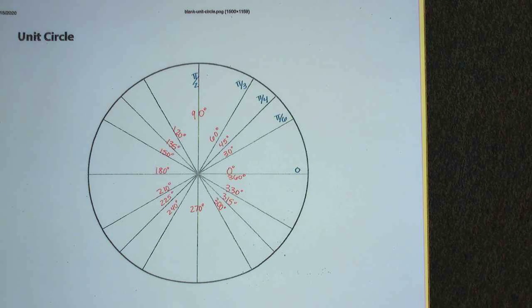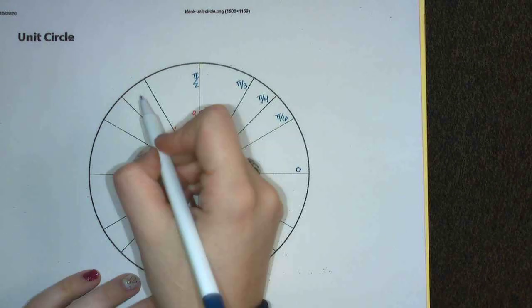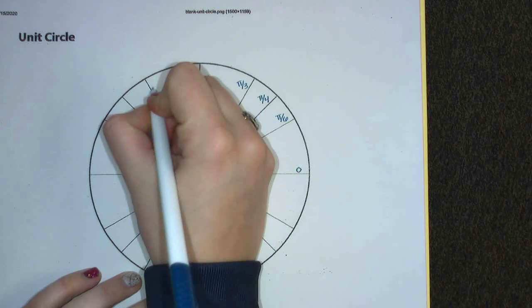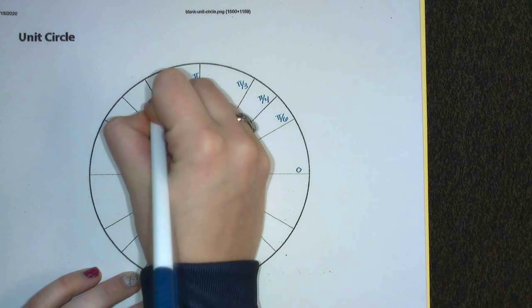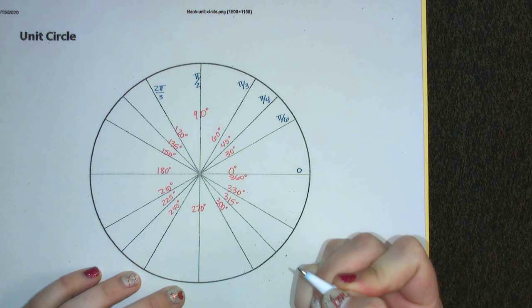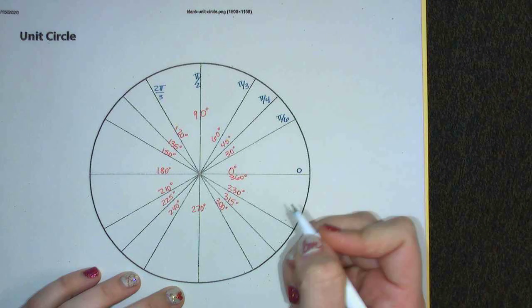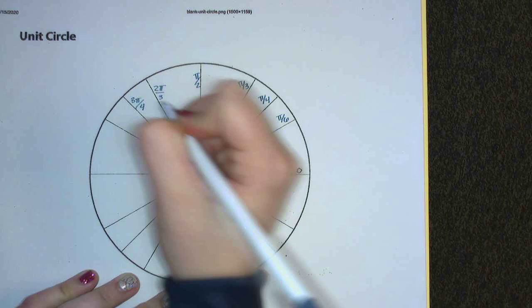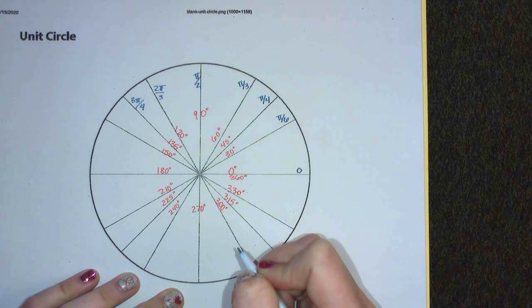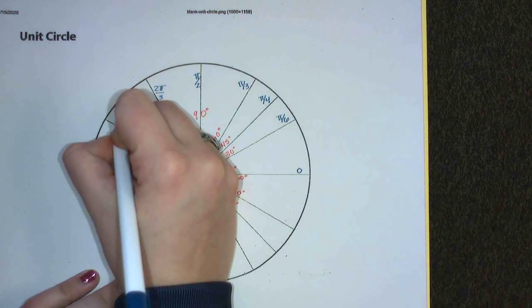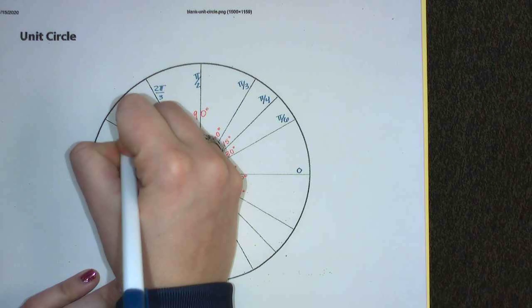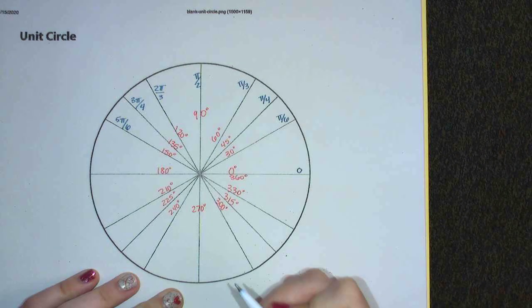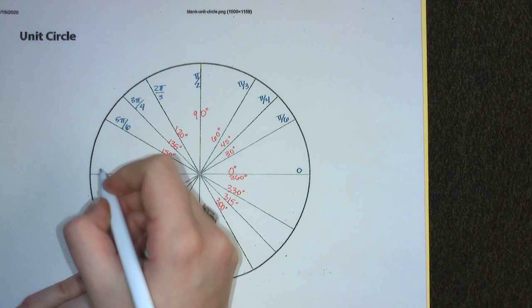And then coming on over, we have 2 pi over 3. You have 3 pi over 4, and then 5 pi over 6. And then down here is just pi.